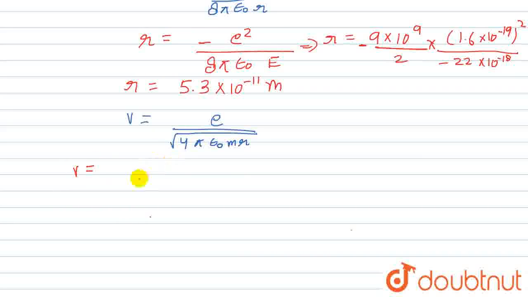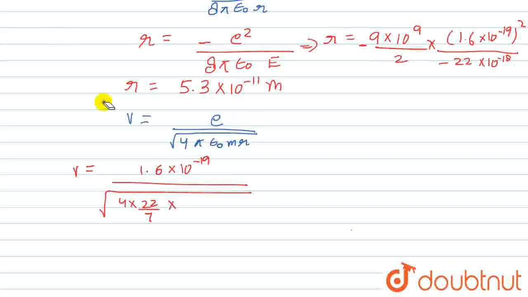So velocity is equal to e, which is 1.6 multiplied by 10 to the power minus 19, upon root of 4 pi epsilon naught.